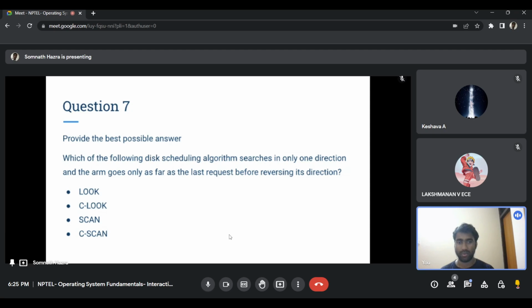What happens in SCAN is it goes up till the end of the disk, even if it does not need to, and then it reverses direction. But how is LOOK an advantage over SCAN? It only goes up to the last request. It does not go up to the end of the disk. So the answer in this case is C, LOOK.